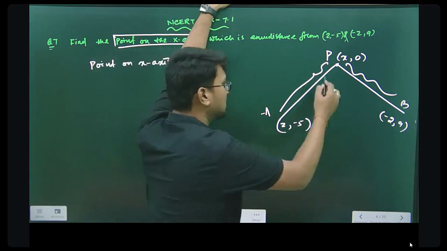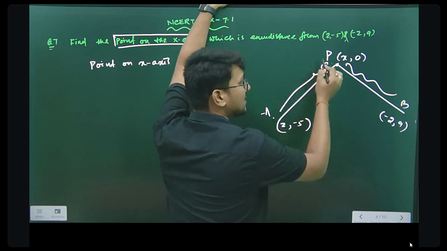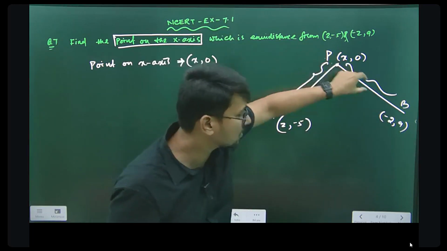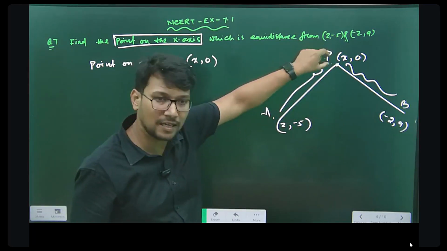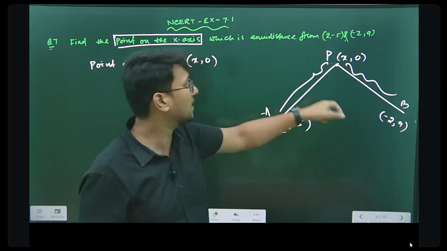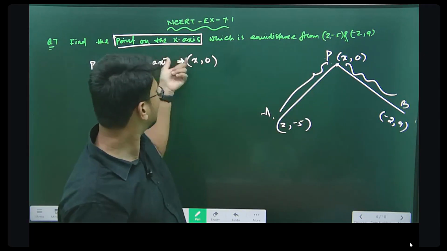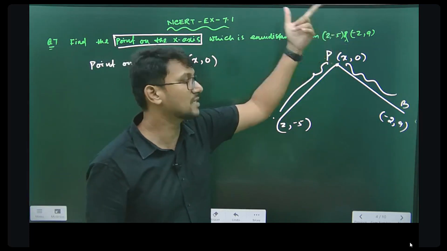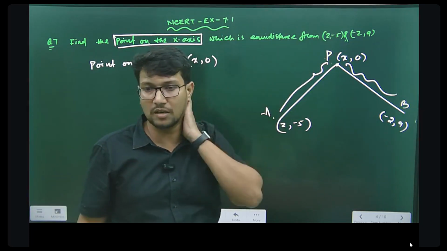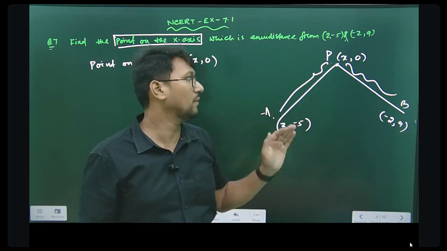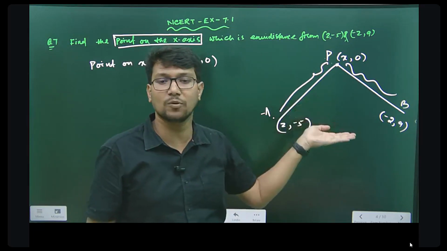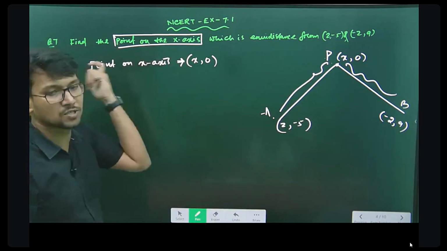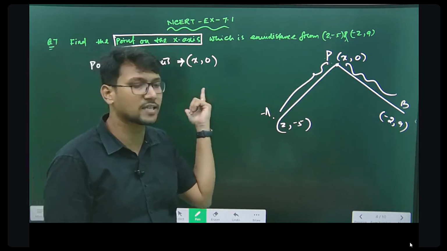So it means AP length equals PB length. Why? The question is saying this point which is on x-axis is equidistant from these 2 points. Clear? So we will get an equation, then solve it, and we have to find this point x0. x0 means only x is required.